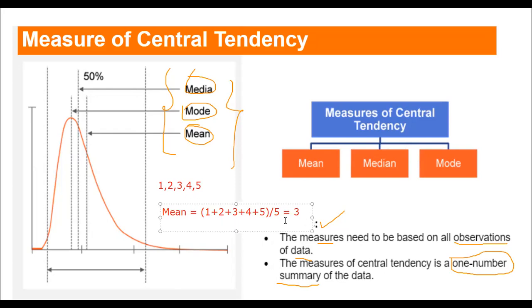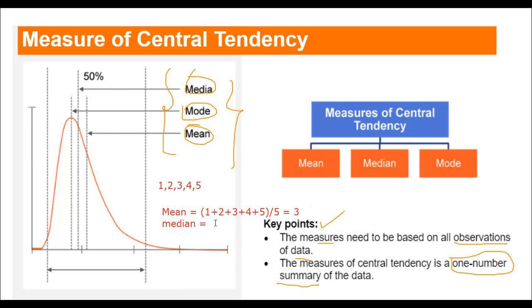Now similarly, we will find the median. This was the mean. We got one number, right? That this is my mean of this data. Now if I want to talk about the median, then the median is the middle number, the middle observation of the data.